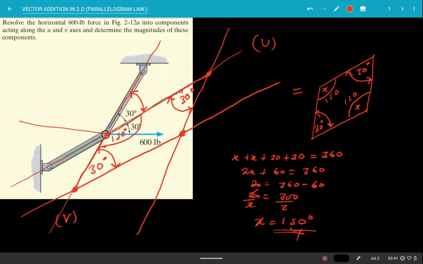Now that we know that, we need to bear in mind something very important. We were given the resultant line, and the resultant line is not coming from the 30, rather it's coming from this point, because this point is the center in our case. This is the center.